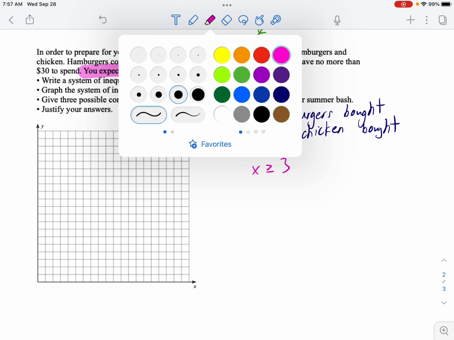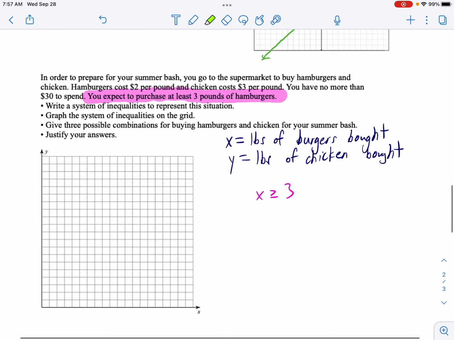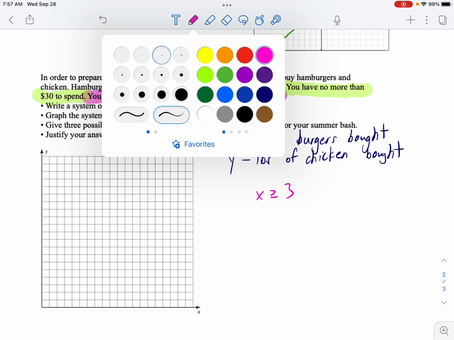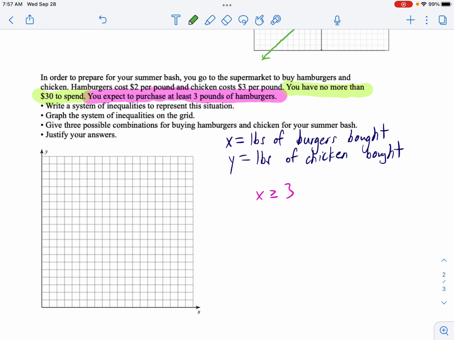Okay. And then what's my other constraint? My total money, I have no more than $30 to spend, okay? So the total amount of money I spend is going to be $2 times the number of pounds of burgers I bought, because burgers cost $2 per pound. So $2 times the number of pounds of burgers bought is the total money I spend on burgers. We're going to have to add to that the amount of money I spend on chicken, which is going to be what? 3Y, okay?